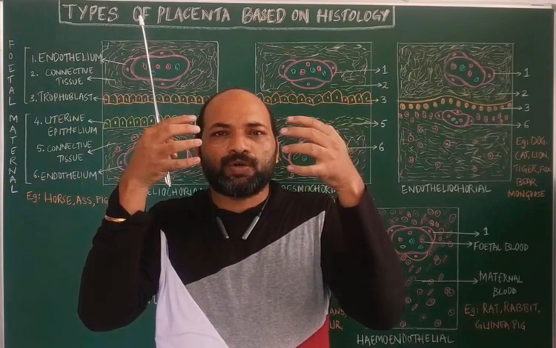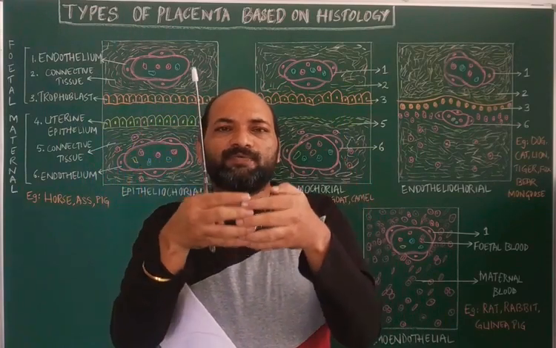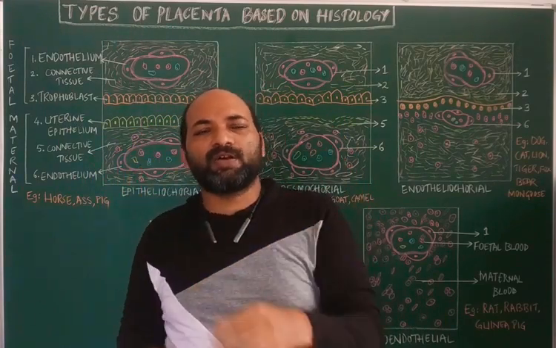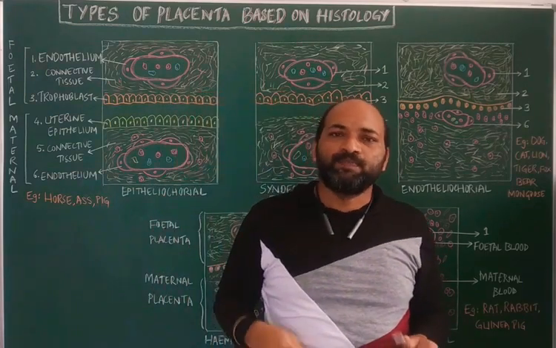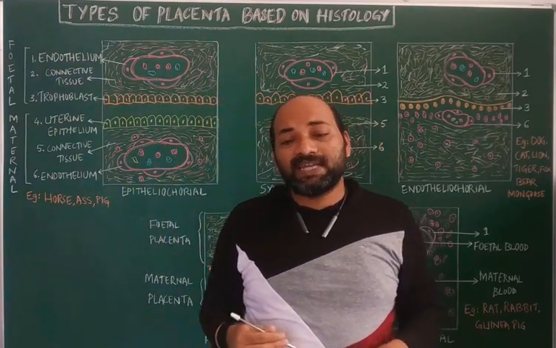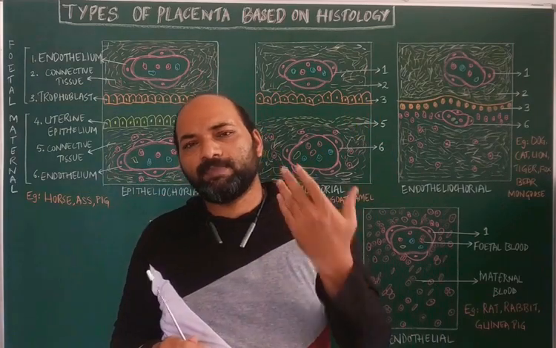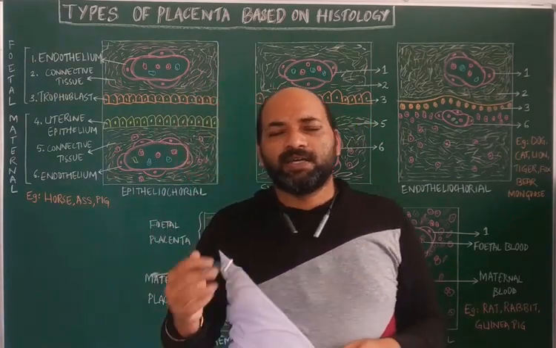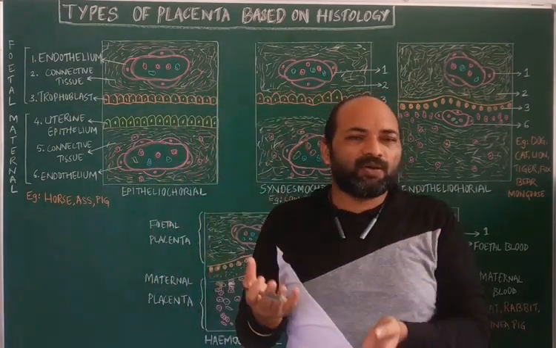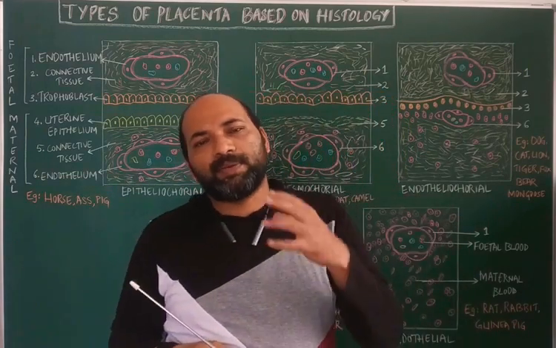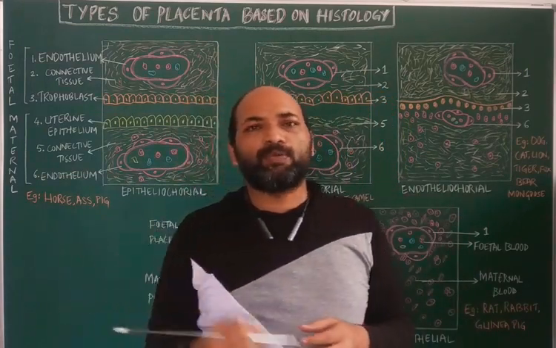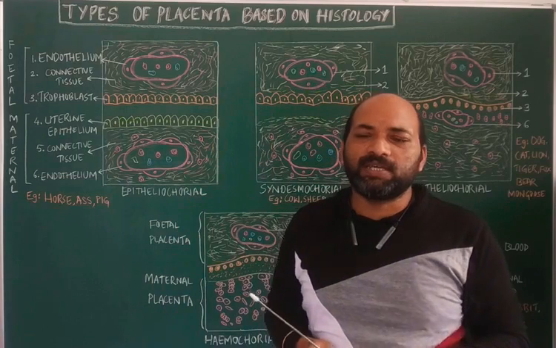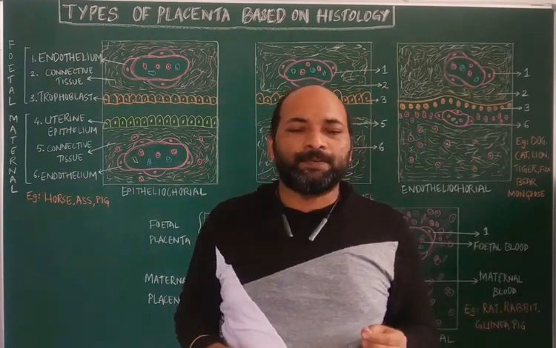So the chorion and yolk sac together form the placenta. That is why it is called the yolk sac placenta, which can be seen in metatherians and marsupials, for example a kangaroo or an opossum.